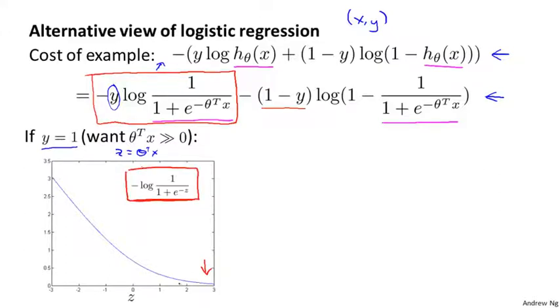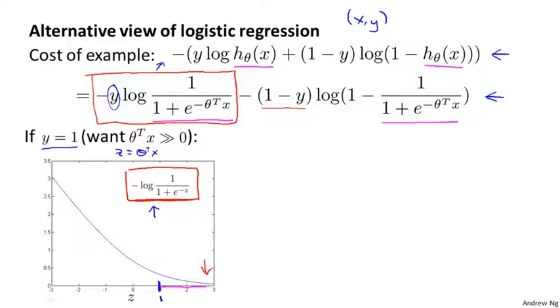Now, to build a support vector machine, here's what we're going to do. We're going to take this cost function, this minus log of 1 over 1 plus e to the negative z, and modify it a little bit. Let me take this point 1 over here, and let me draw the cost function I'm going to use.